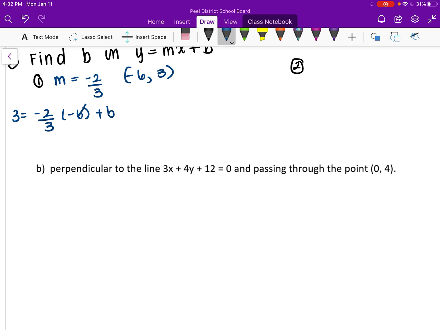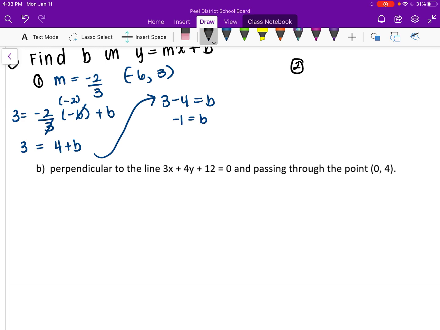So 2 times 3 times negative 6, so this becomes negative 2. Negative 2 times negative 2 is going to be positive 4 plus b equals 3. I'm going to carry the 4 over, so it's going to be 3 minus 4 equals b. 3 minus 4 is negative 1 equals b.